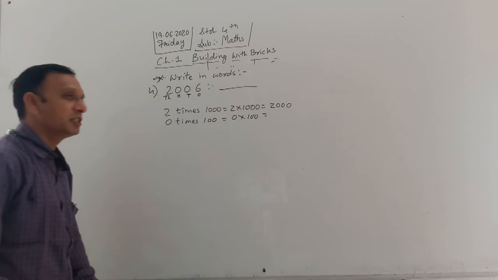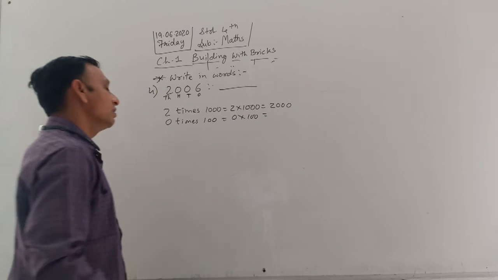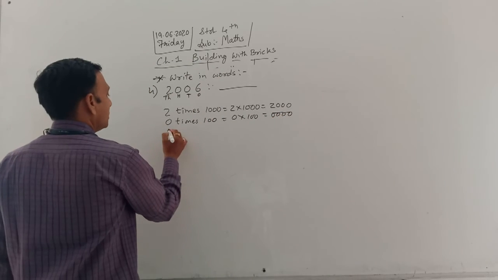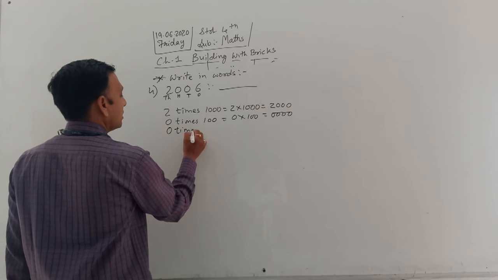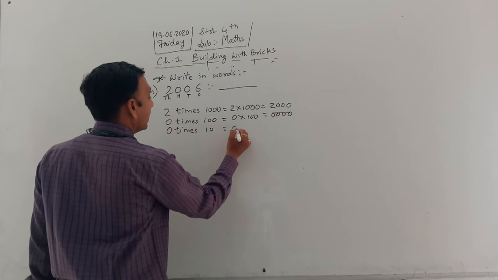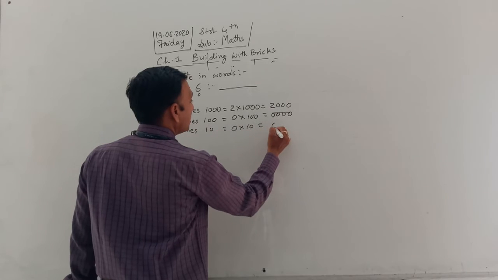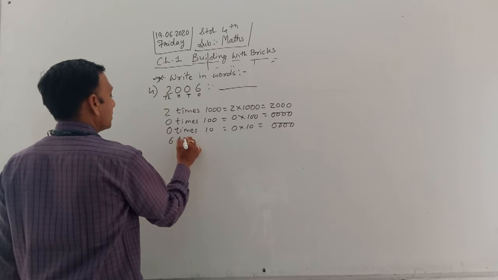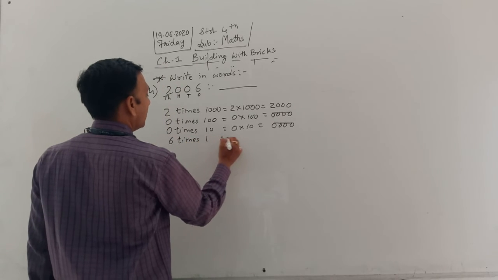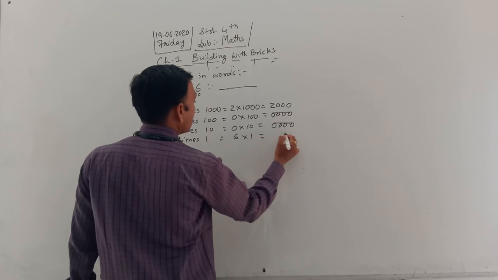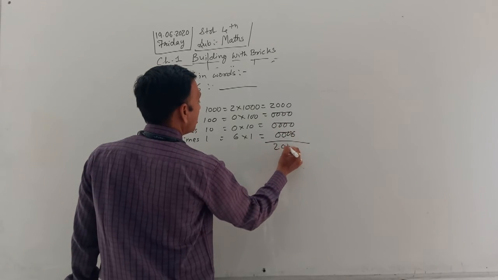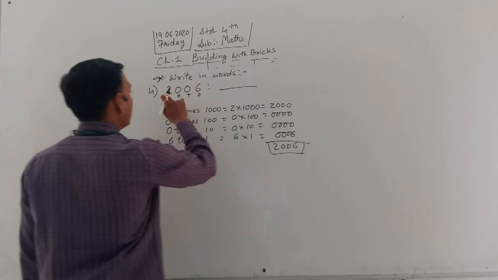Any number multiplied by 0, the answer will be 0. 0 times 10, again 0. 6 times 1, 6 into 1, that is 6. 2006, the number we got.